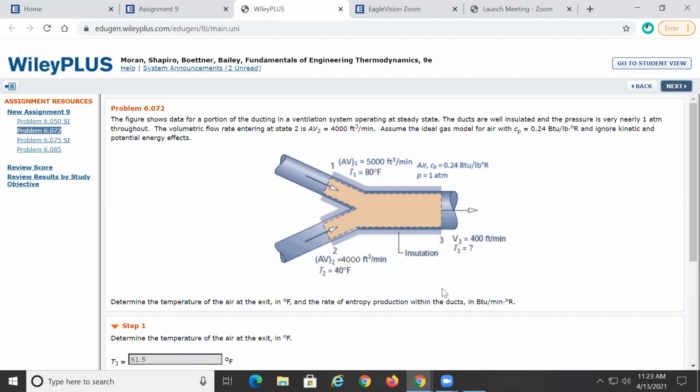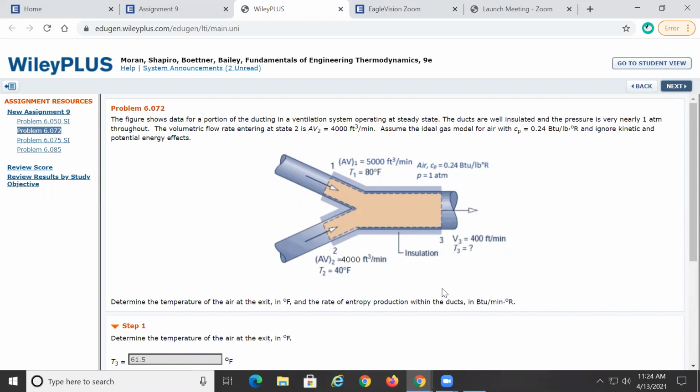And you can say P1 is 1 atmosphere. We're using air. The substance is air with a gas constant of 0.24 BTUs per pound Rankine. So again, everything is P2, so the volumetric flow rate at 2 is 4,000 cubic feet per minute. T2 is 40 degrees Fahrenheit.